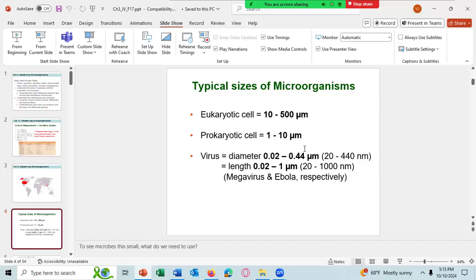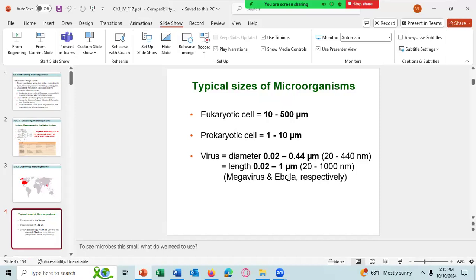And you don't need to know that. I'm just telling you the smallest cell that they think is viable. There are smaller prokaryotic cells, but people think they're not viable. And I'm not sure how you would measure that, so we're not going to get into it. And then the smallest virus goes down to about 0.02 micrometers. That would be 20 nanometers.